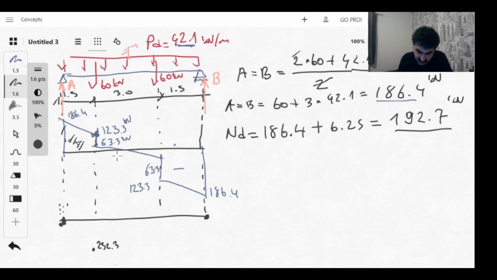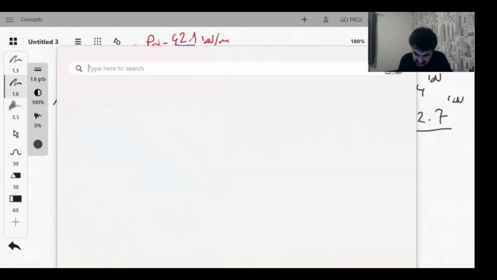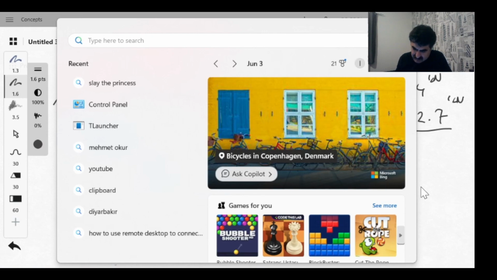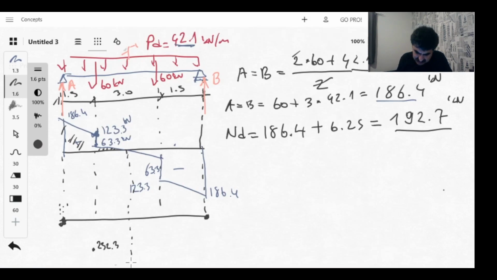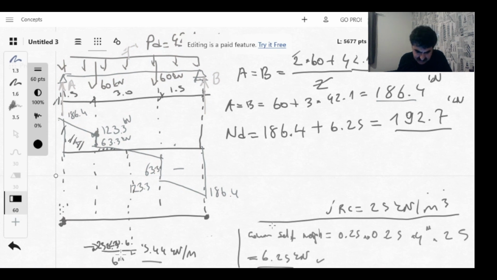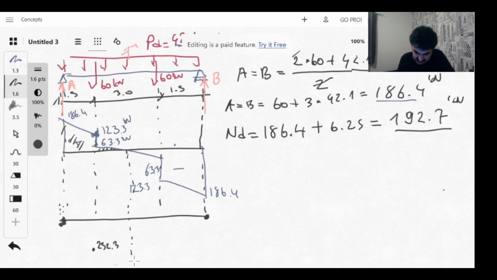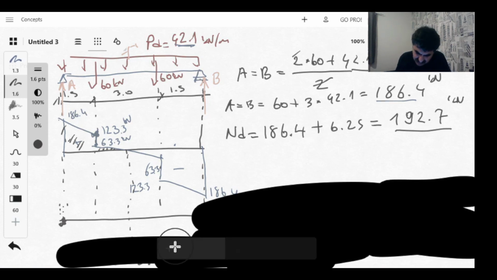If I add the area of this small triangle, then in the middle the shear value is 0, and this value will be 279.8 kilonewton meters. And I will have the same value here.